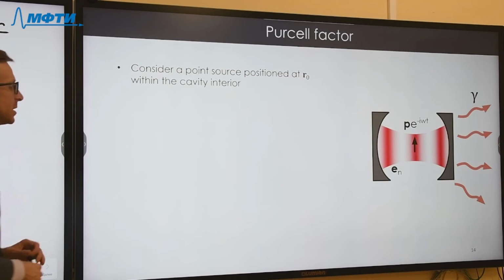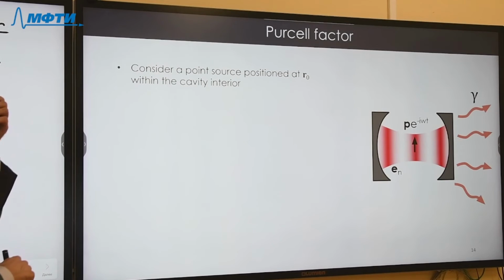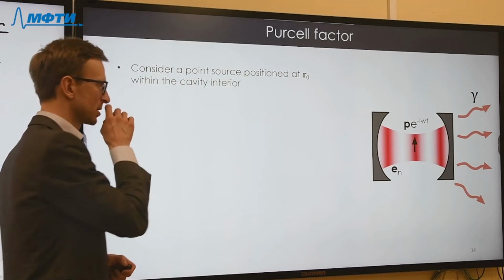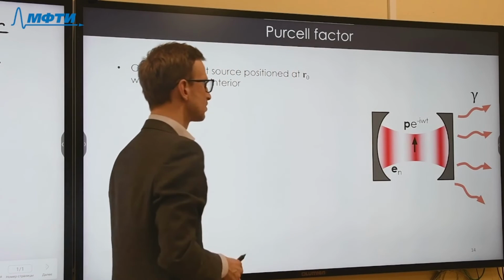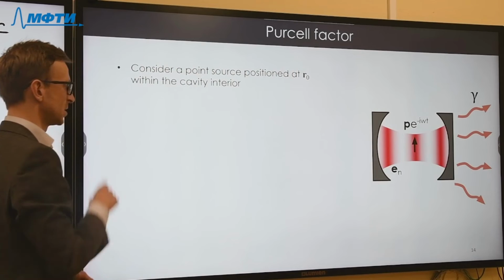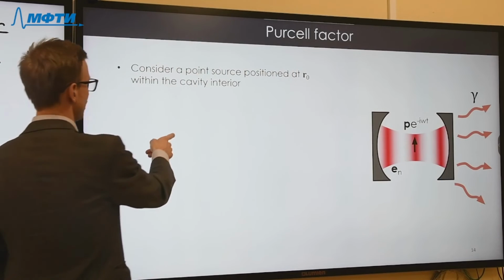And now finally I want to derive the famous formula that describes the emission rate enhancement of a point dipole placed inside a single mode resonant cavity. So consider a cavity supporting a single mode with a relatively high Q factor, and let us place a dipole at a certain position inside the resonator, a dipole oscillating at frequency omega.